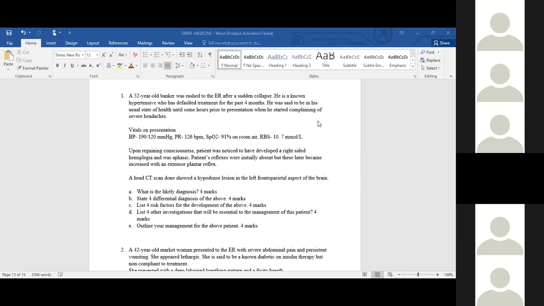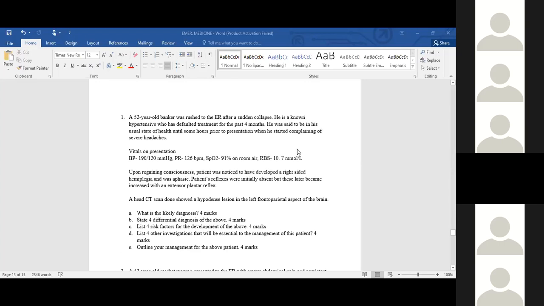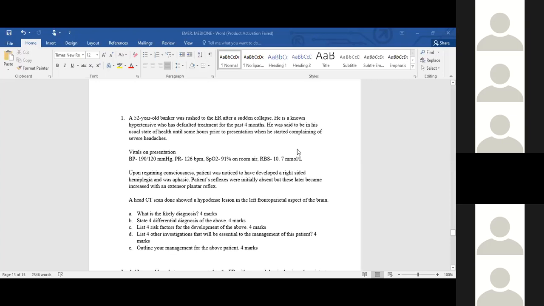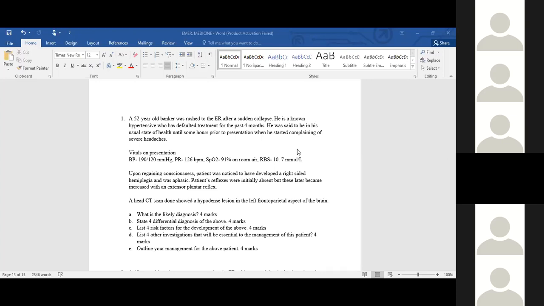So as a clinician, you've seen this case, you've seen the vitals, you've asked for a head CT scan, and they brought the report to you. What would you make of this? Let's have a discussion. This is also part of the lecture. If you see this in your setting, what would you think of this case?